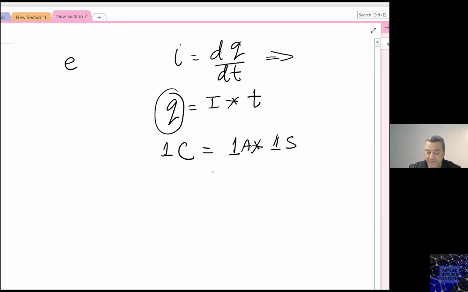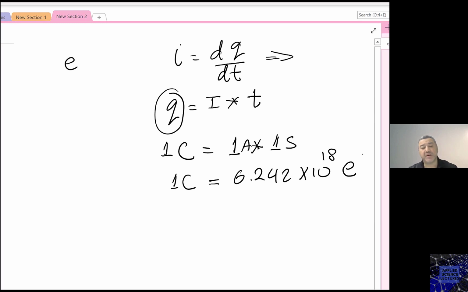And experimentally, they have found that this 1 Coulomb is indeed 6.242 × 10^18 charges of protons. What does this mean?